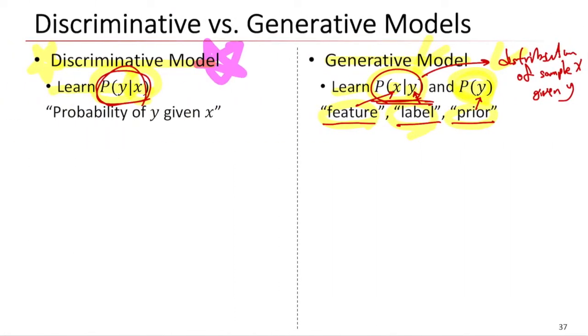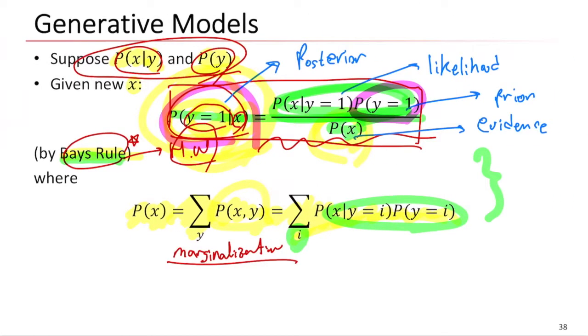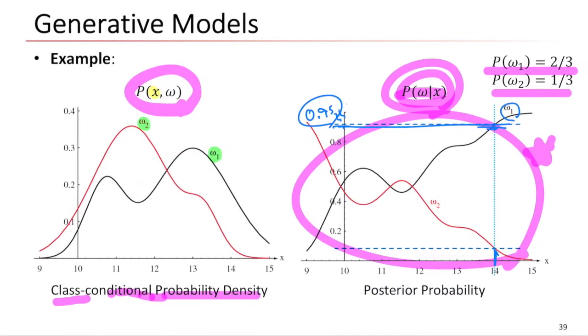This is exactly the same quantity as in the discriminative model, but there we cannot estimate it directly. Here we estimate it using those probabilities. This is called the Bayesian rule. So yeah, that was the generative model.